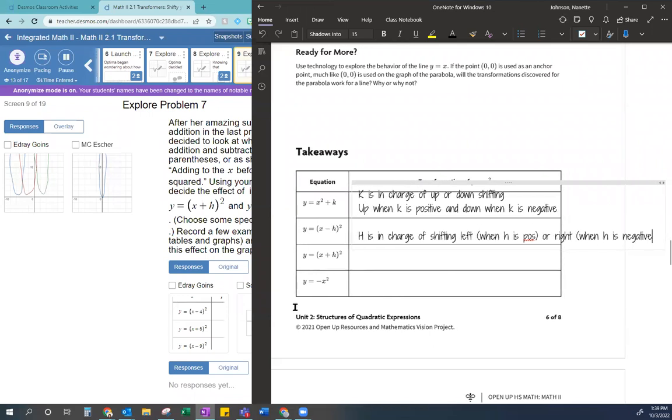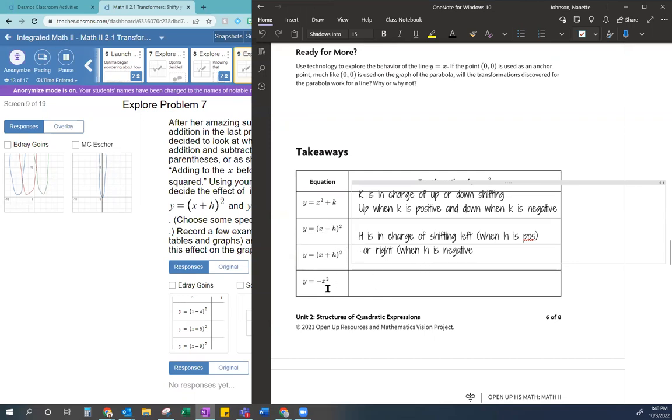Okay. So remember, this is all supposed to come together. Oh, wait. Oh, here, this one. We have x minus h and x minus h squared. Okay, so let's just put this down here so that we all know h is in charge of shifting left or right. Left when h is positive and right when it's negative, like x plus h versus x minus h, right?